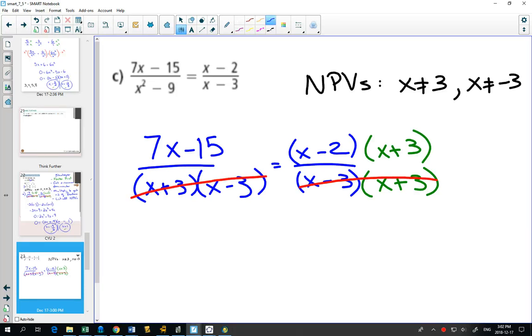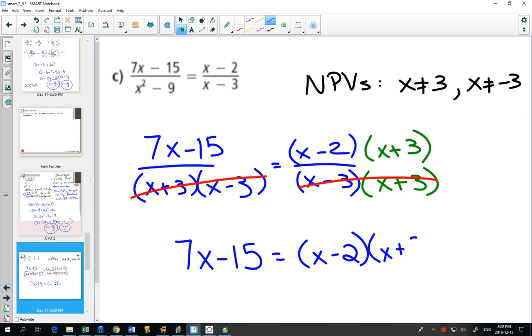If you did that, your denominators would simplify away. And you would get 7x minus 15 equals x minus 2 times x plus 3.